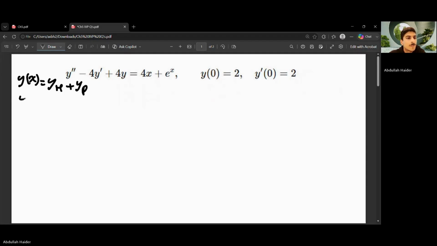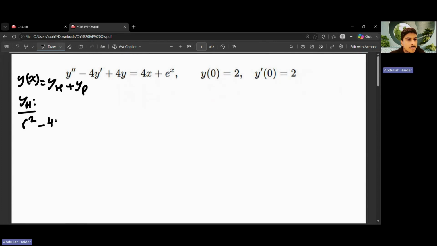So our yh is going to be, the auxiliary equation, r squared minus 4r plus 4 equals 0. And here r1 is equal to 2, negative 2, by the way, and r2 is equal to negative 2.